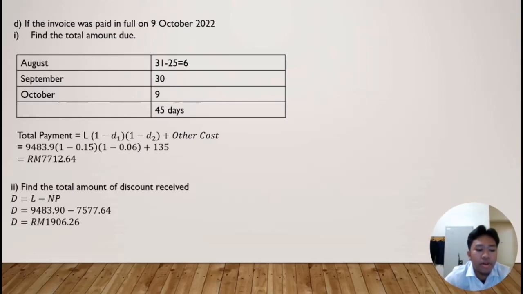D equals 9,483 and 90 cents minus 7,577 and 64 cents for the net price. Now the discount received is 1,906 and 26 cents.